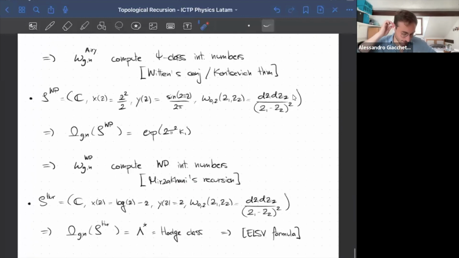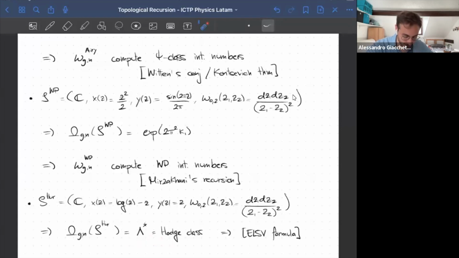And the last example is the one of Hurwitz numbers, if you know a bit about that. In this case, you take x to be log z minus z and y equal to z. And if you compute all these ingredients, you can see that the cohomological field theory, the cohomology class underlying this spectral curve, is something known as the dual Hodge class.